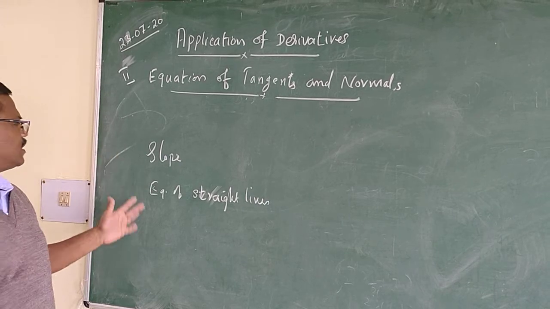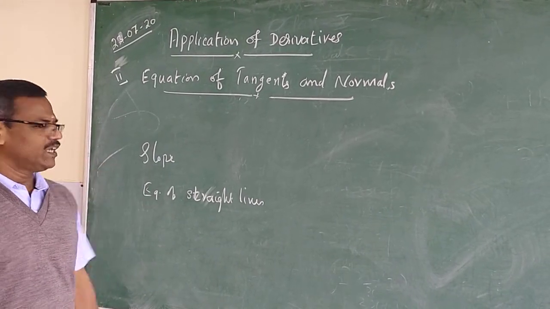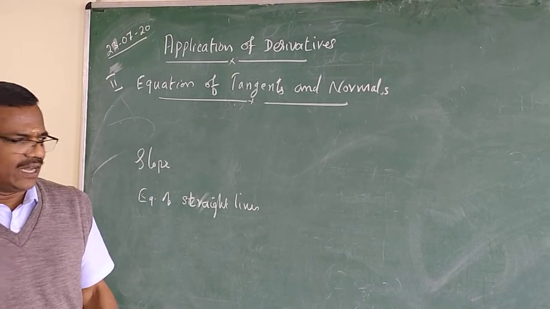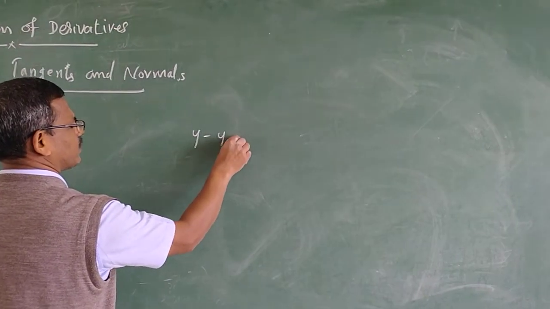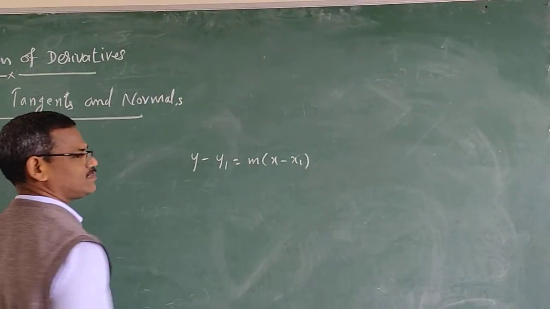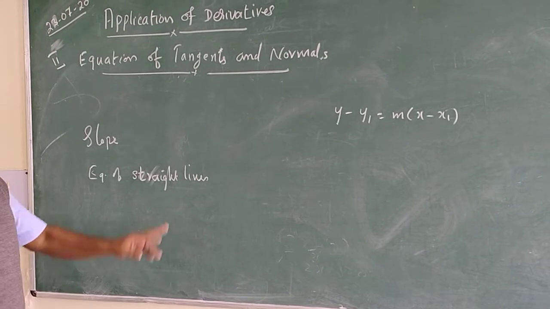So first let us discuss the equation of the straight lines which you studied in class 11. One form of the straight line is y minus y1 is equal to m into x minus x1.